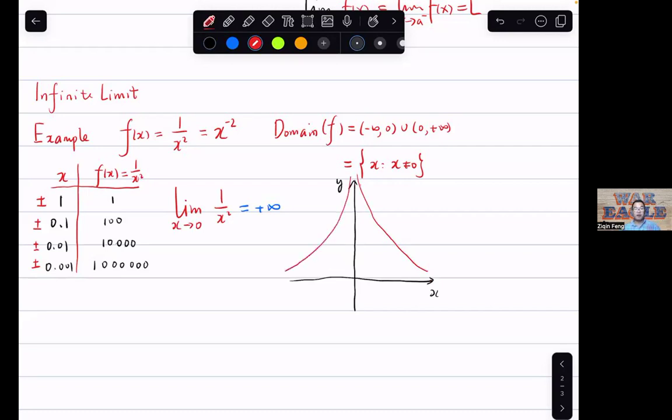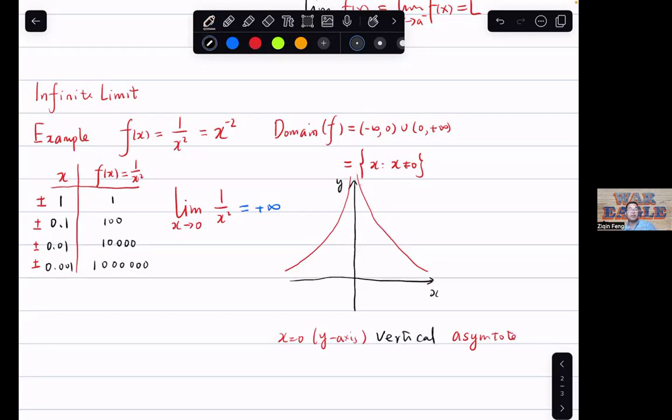They are symmetric about the y-axis. In this case, we know that our curve is getting closer and closer to a line. This line here is called an asymptote, right? So this x equal to 0, which is our y-axis, is an asymptote. And because this is vertical, we call that a vertical asymptote.